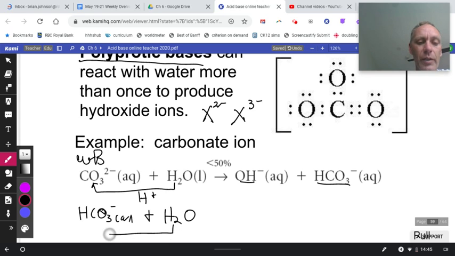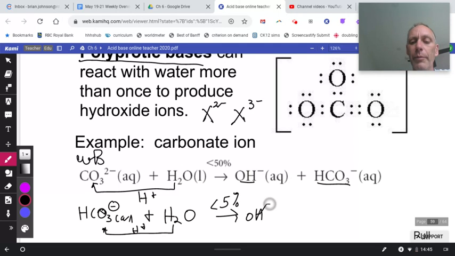So it can take 1 more because it's a minus. It'll take that H plus. So if their first one is less than 50, the second one is less than 5%. So we get a very small amount of hydroxide forming on that second one.